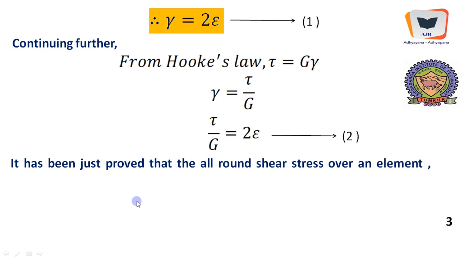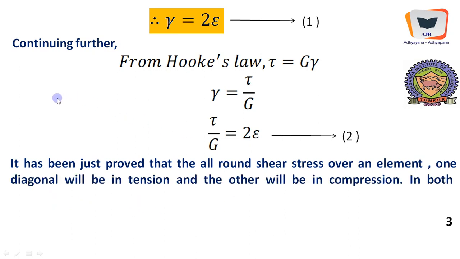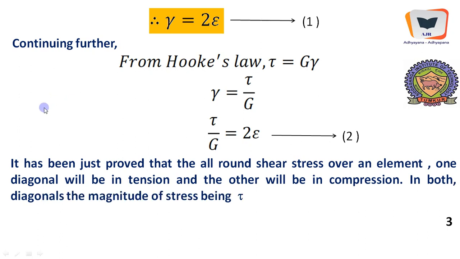It has been just proved that all round shear stress over an element, one diagonal will be in tension and the other diagonal will be in compression. In both diagonals, the magnitude of stress is tau.